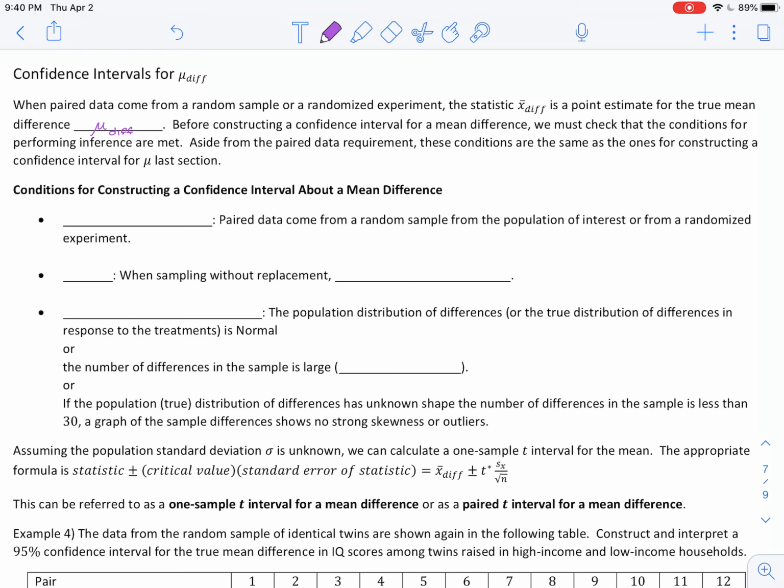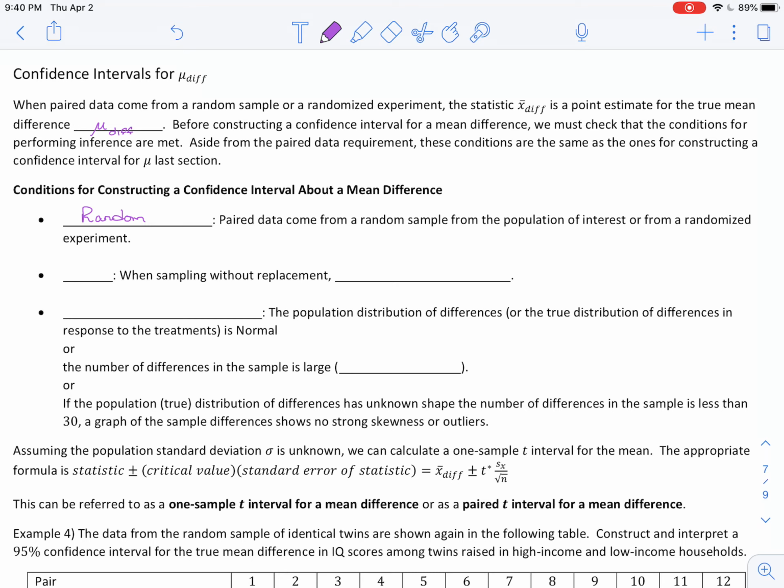So we have the sample average difference and the population average difference. Before constructing this, we always have to check the conditions. Aside from the paired data requirement, these are identical to the last section when we talked about the one sample t interval.